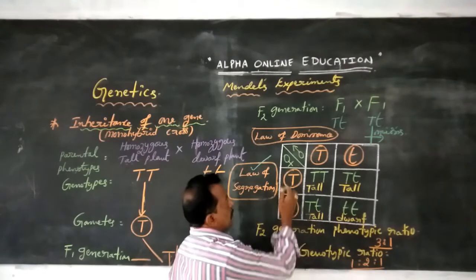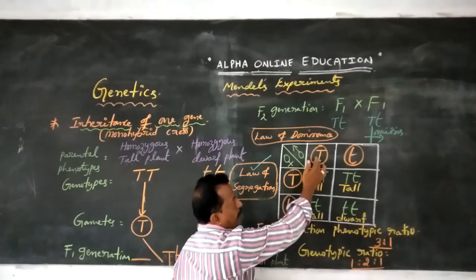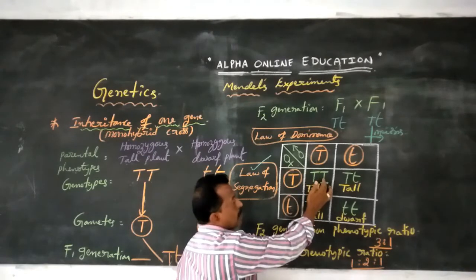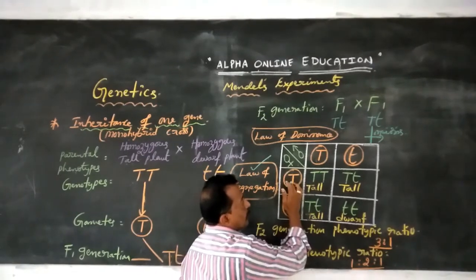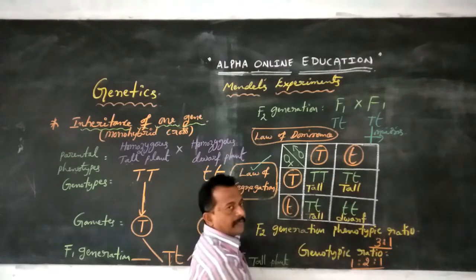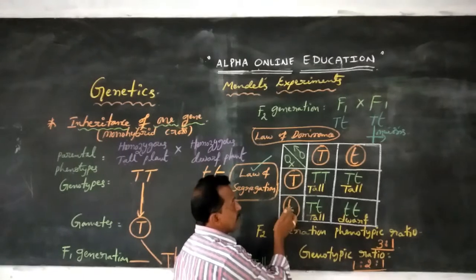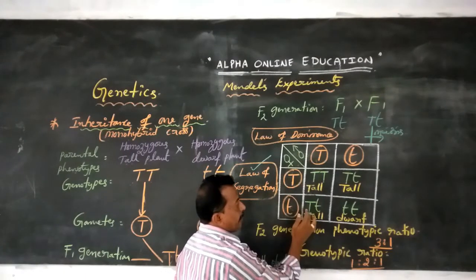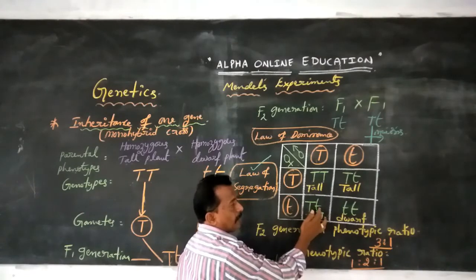Capital T crossed with capital T results in capital T capital T. Capital T crossed with small t results in capital T small t. Small t crossed with capital T also results in capital T small t. Why?